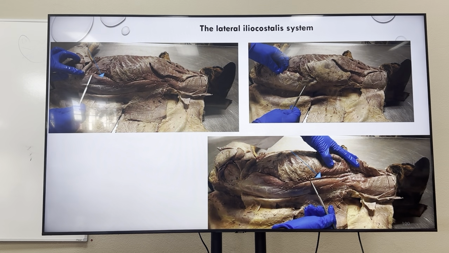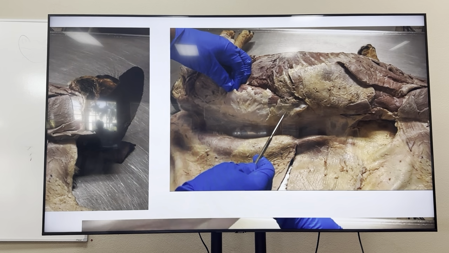As soon as we reflect the skin within this region, we won't be able to see this muscle until we take off the thoracolumbar fascia. So these muscles are covered by thoracolumbar fascia.